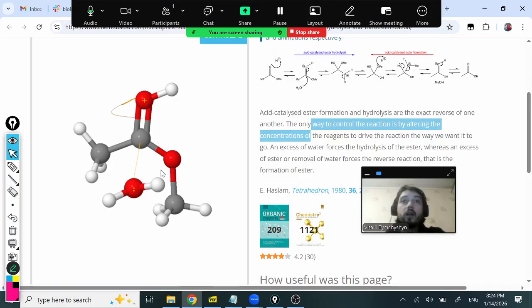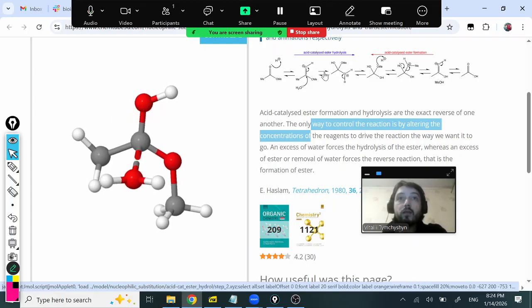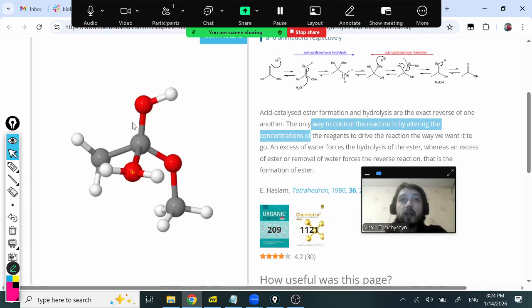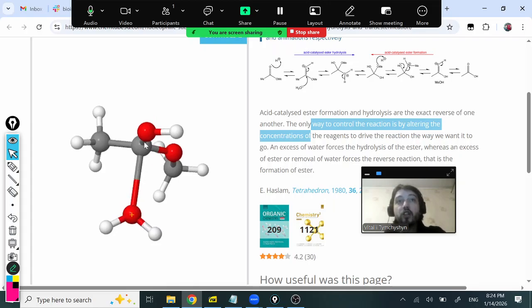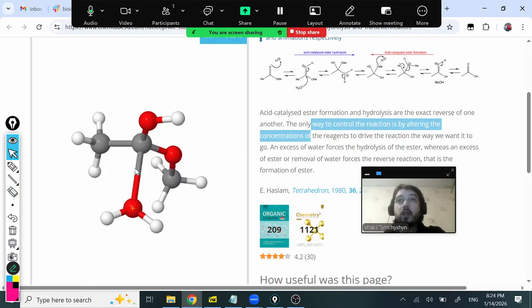So here is a nucleophilic attack. Let's check it out. So electrons moved here, oxygen is neutral, the water molecule is attached, but now it acquired some positive charge because electrons were used for creation of these bonds, so they don't exclusively belong to the oxygen atom, but are shared with this carbon atom.